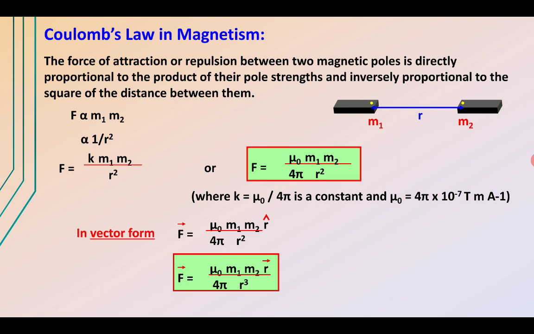Now, let us discuss some important definitions and terms related to the Earth's magnetism, or how the Earth behaves as a magnet, or the magnetic strength, or the magnetization. So many other definitions we have.